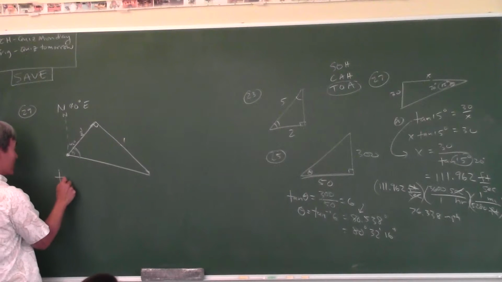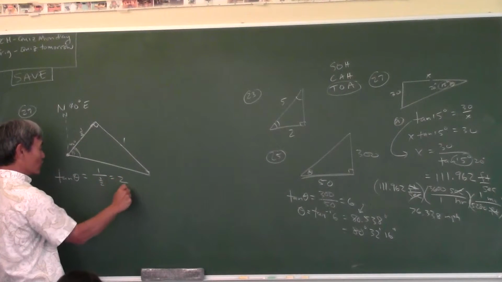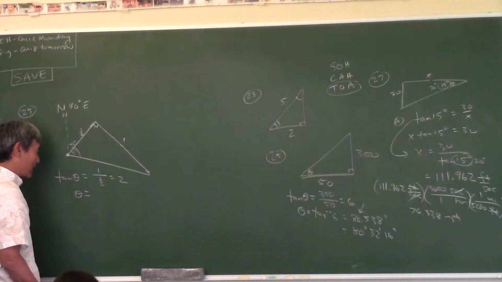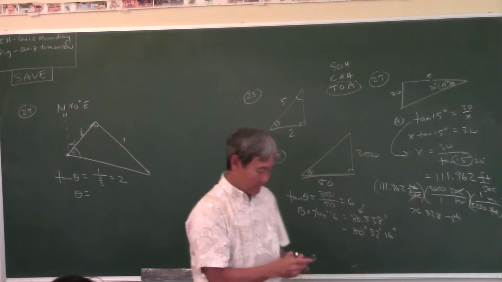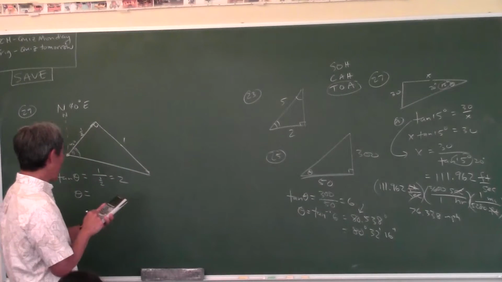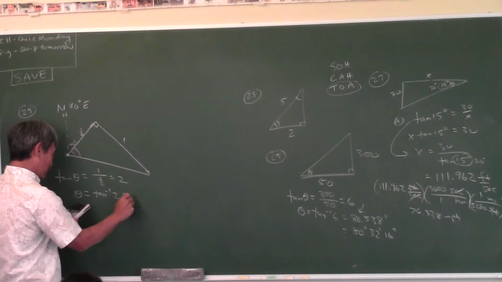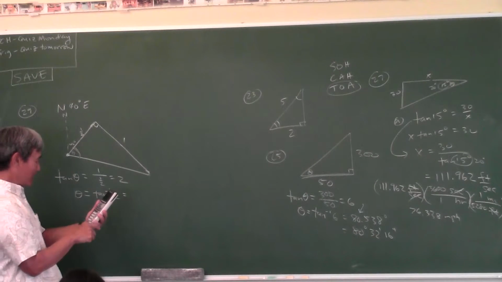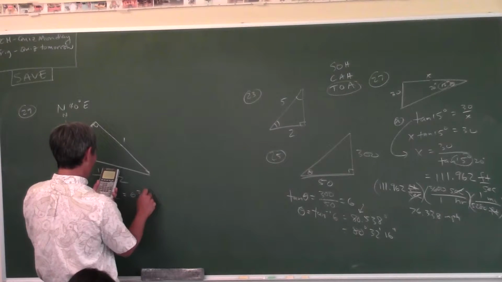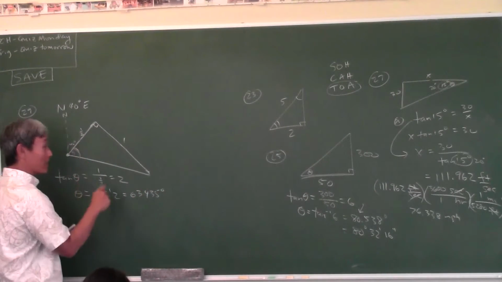Tangent. Tangent of this angle is equal to opposite over adjacent, which is 2. If you do that on the calculator, you should get like 63 point something degrees, yeah? Okay, I'll do it. Tan inverse 2. Let's see if I'm right. Tan inverse 2. See? 63.435 degrees. That's what this angle is.